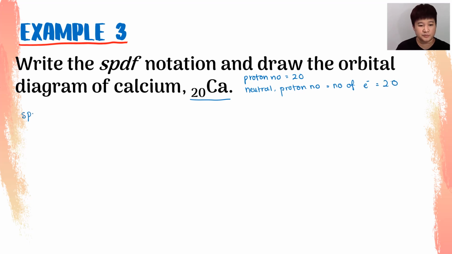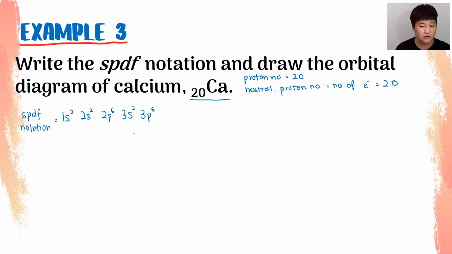So my SPDF notation will start off again with 1s, and we must fill until 20 electrons are in. So 1s2, 2s2, 2p6. At this moment, we have 10 electrons. And then we move on to 3s2, 3p6.